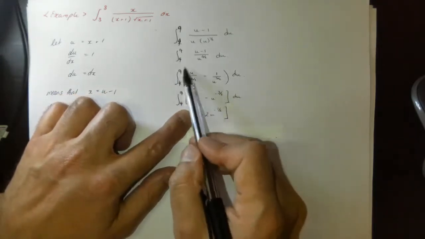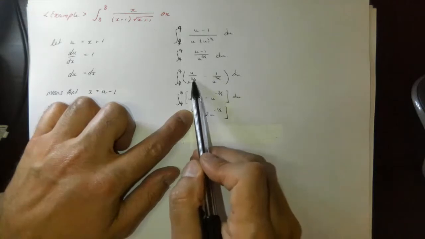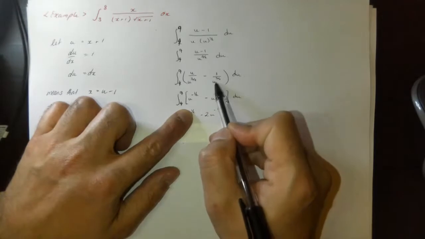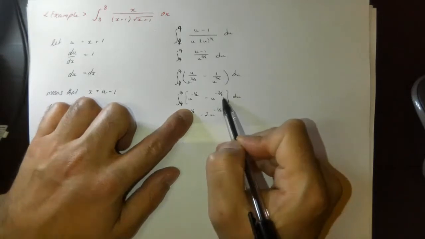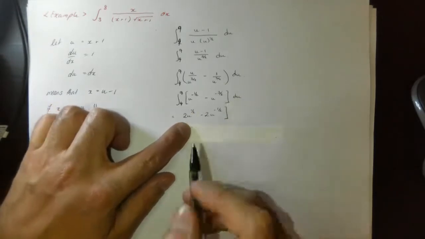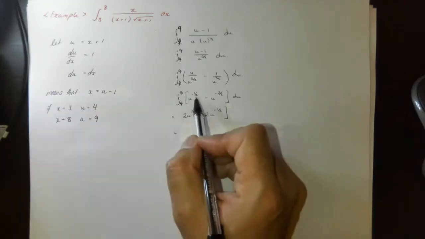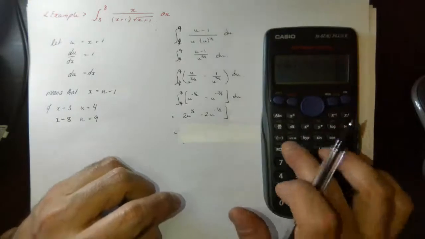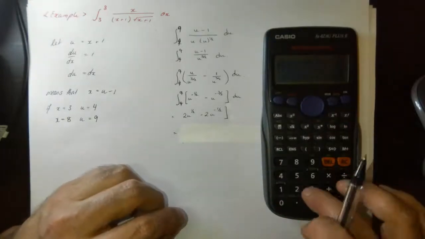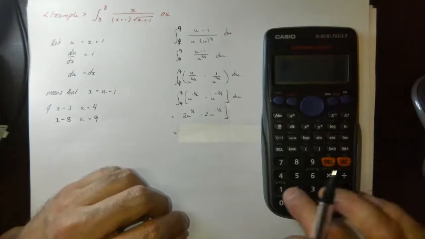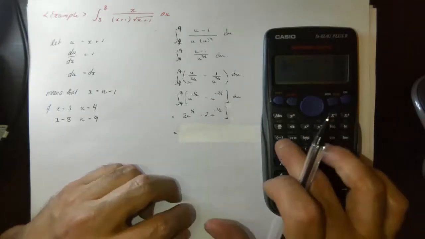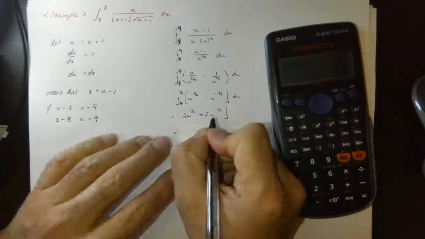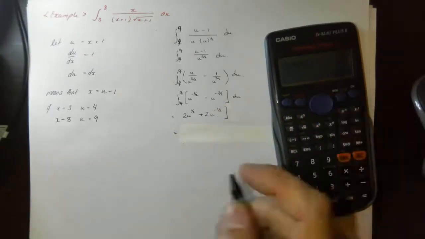If I fix this fraction, that's 1 minus 3 on 2, which is negative a half, so that's u to the power of a half. And this becomes u to the power of negative 3 on 2. Integrating each, I've got 1 divided by a half is 2. So I get negative 3 on 2 plus 1, so negative a half, and negative 1 divided by that answer gives plus 2 u to the power of negative a half.